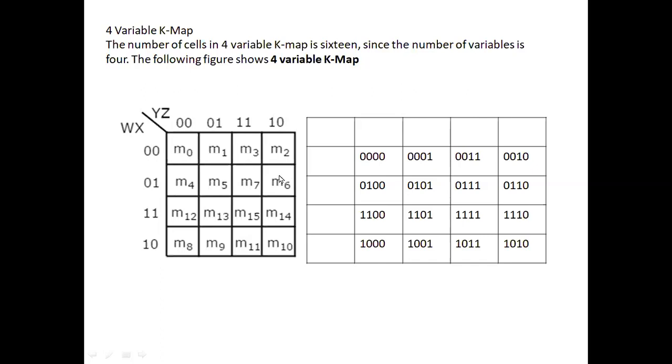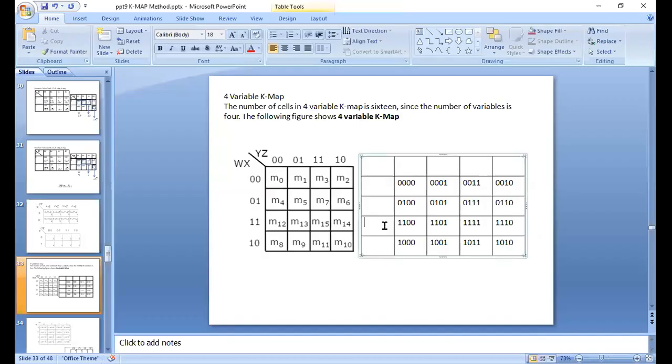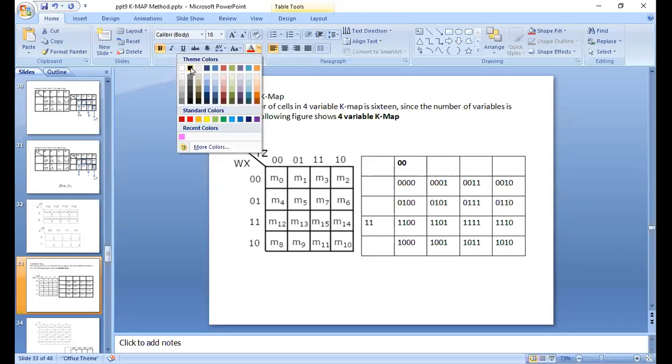You know how to write the second row. Third row, if you see, you have 1, 1. The third row value is 1, 1, 0, 0, the row value and the column value.